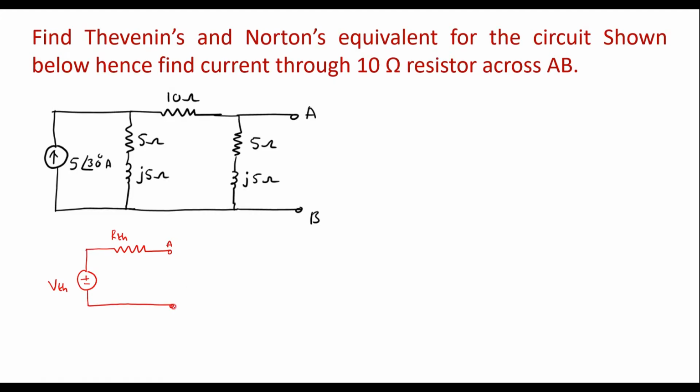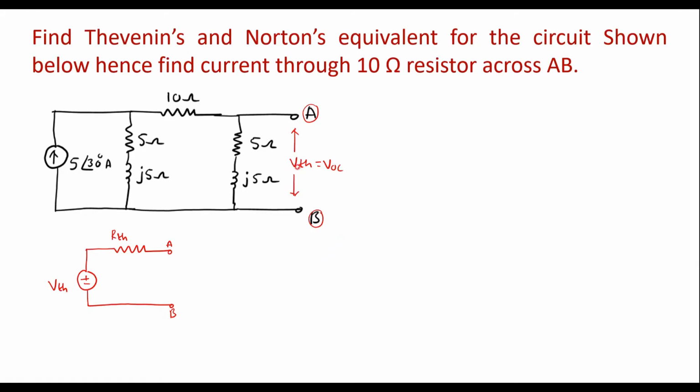This is the terminal A and B, which is same as this terminal A and B. Here VTH is Thevenin's voltage or open circuit voltage, which is the voltage between terminal A and B. That is, the voltage between these two terminals is known as VTH or VOC.